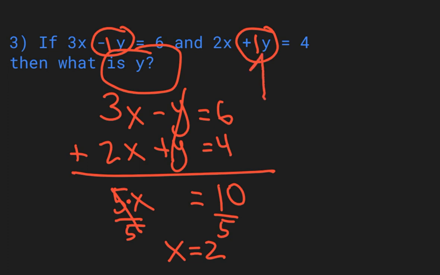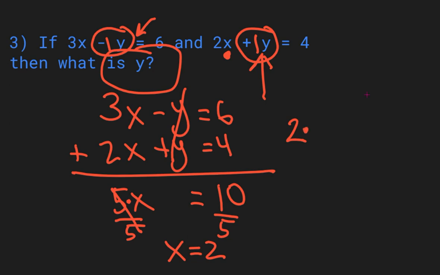I'm going to plug it in here where it's a positive y, so I don't have to deal with this negative right here. And so I'm going to plug it in for x. I'm using this equation because it has a positive y. So it says 2 times x.